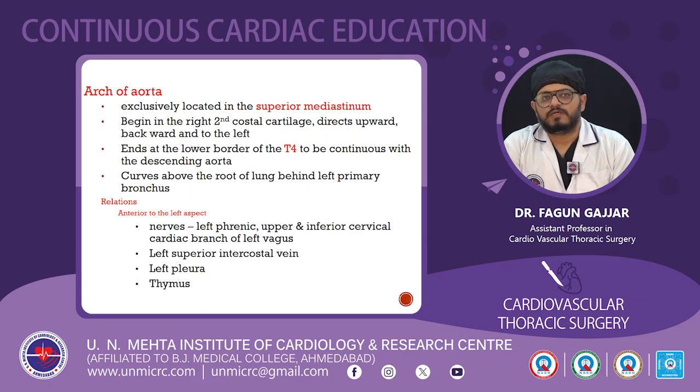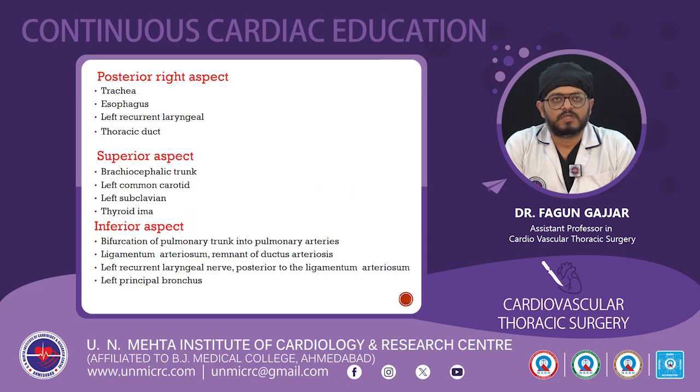The relations of the arch of aorta: anterior and to the left aspect, nerves like the left phrenic, upper and inferior cervical cardiac branches of the left vagus, left superior intercostal vein, left pleura, and the left thymus. Posterior and right aspect lie the trachea, esophagus, left recurrent laryngeal nerve, and the thoracic duct.